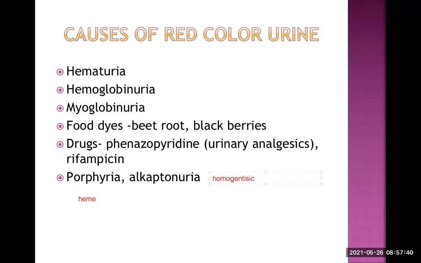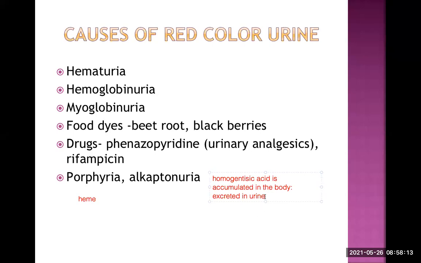This homogentisic acid is accumulated in the body in case of alkaptonuria, and it is excreted in the urine. When we collect this urine and expose it to sunlight, it may turn dark red in color. So this is known as alkaptonuria.